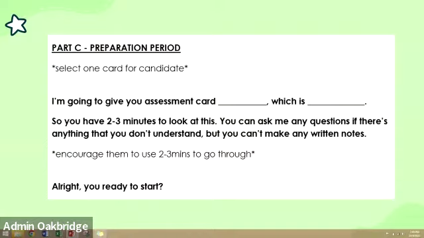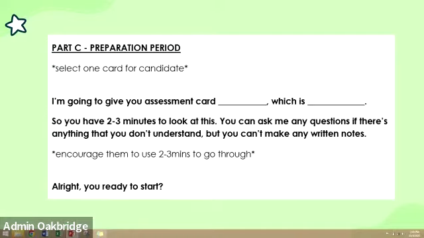Only when you are ready, the examiner will proceed to part D. If you're not ready, then you have to use the entire 2 to 3 minutes, and then you can start part D. Clear, everybody?